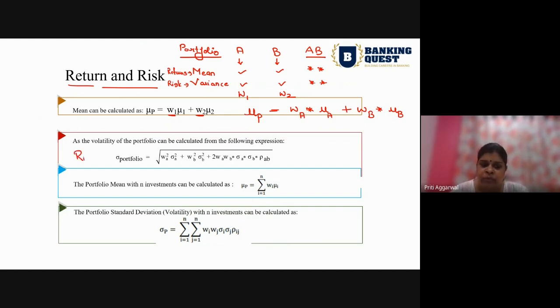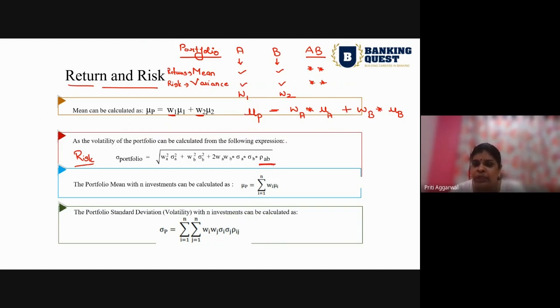And then we also calculate the risk of the portfolio, right? So the risk of the portfolio is calculated by using this formula, wherein again I am using the standard deviations, or you can say the variance, and the weights given to me. But here I am also going to use something called the correlation coefficient between the security A and B. Right.